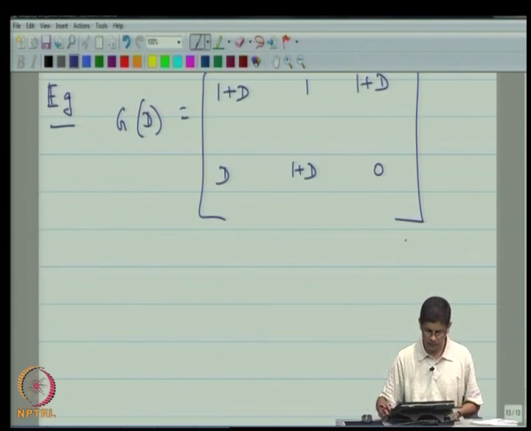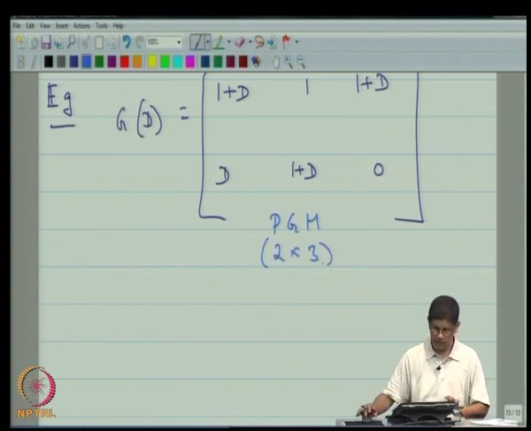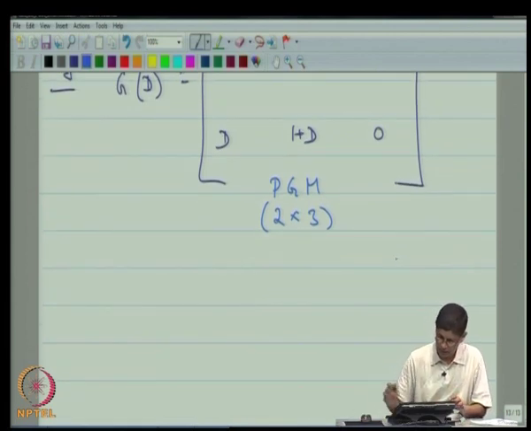So, this is the polynomial generator matrix in this case, and you will notice it is 2 by 3. That means there are 2 inputs and 3 outputs.